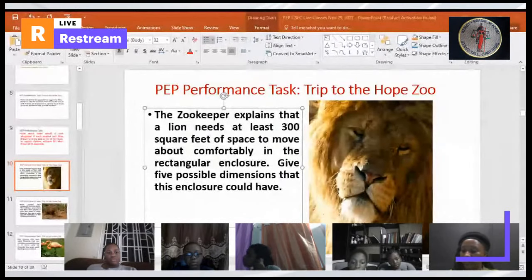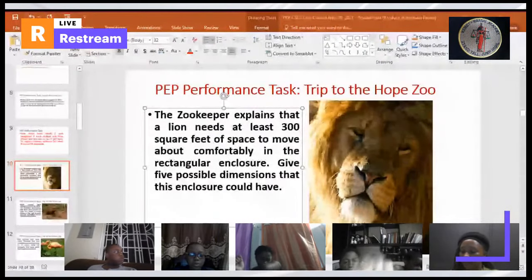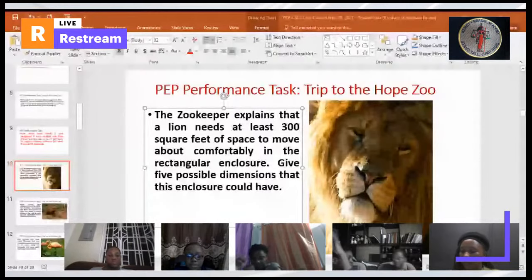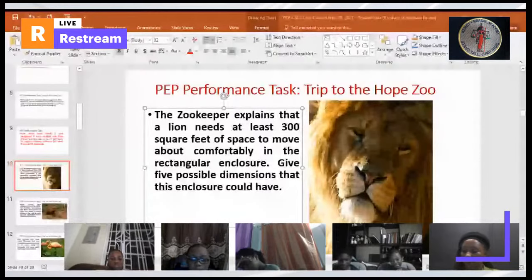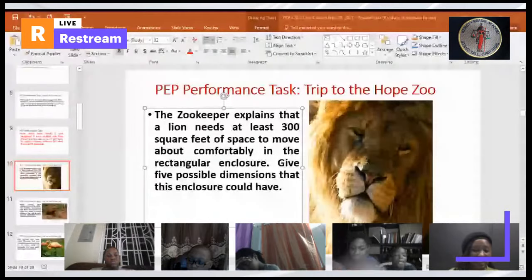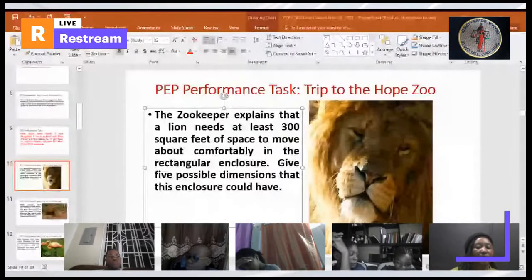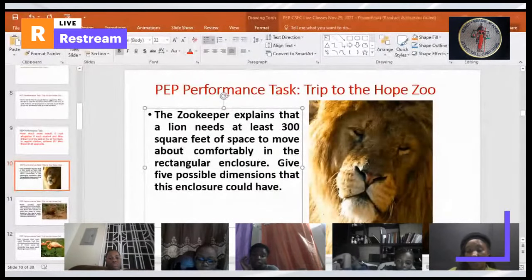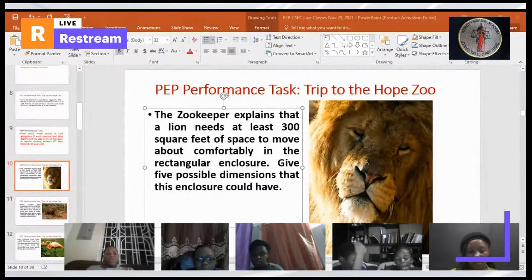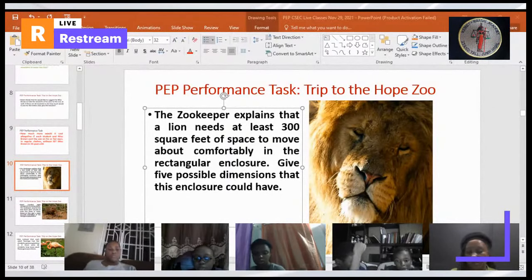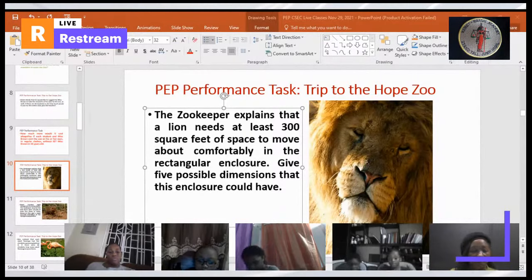Any other? Miss, could 300 by 100 go? 300 by 100 would multiply to give what? It would multiply to give 300?